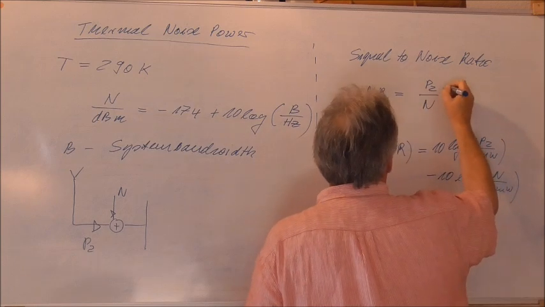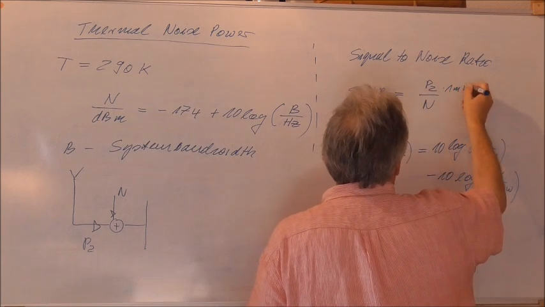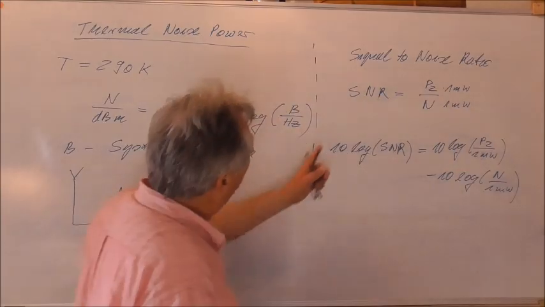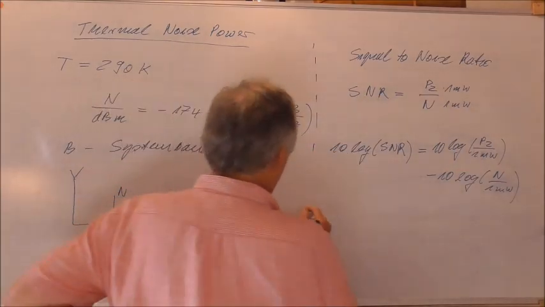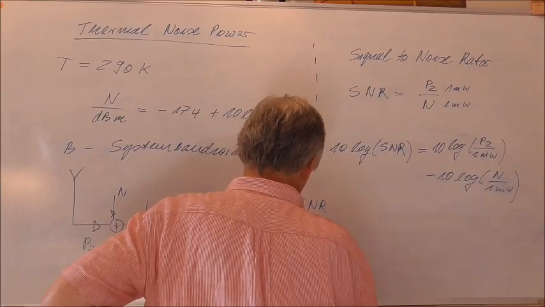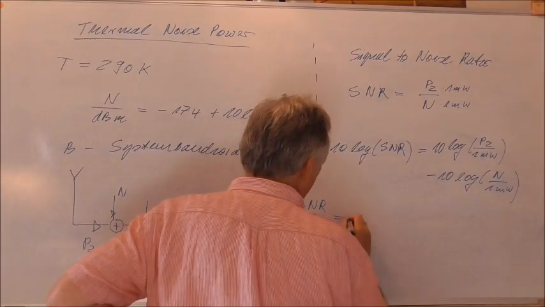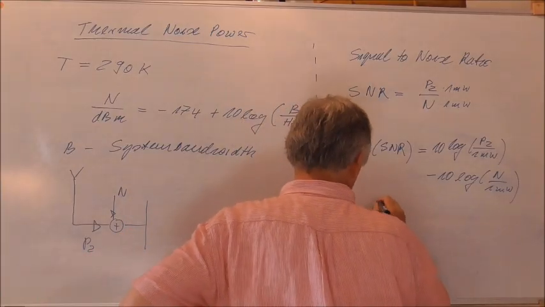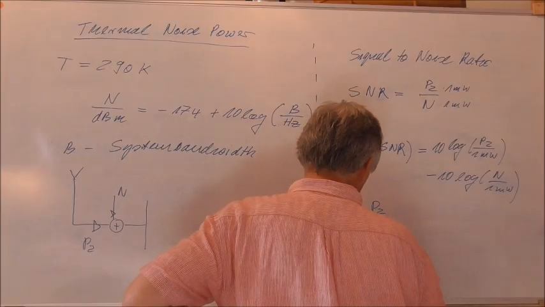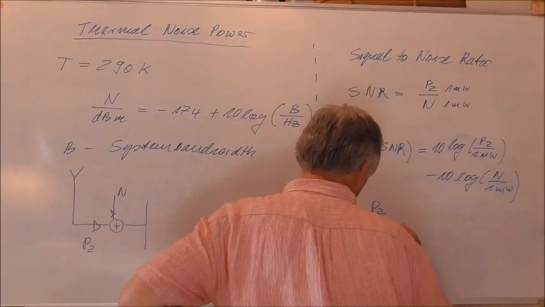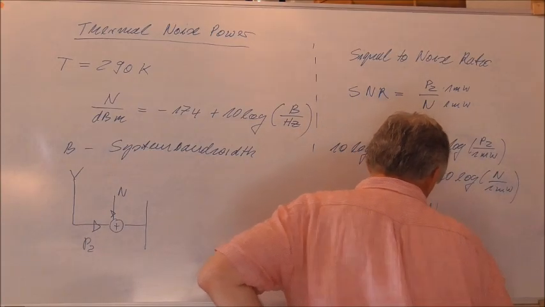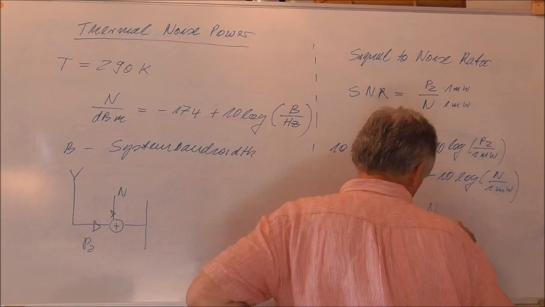This means we multiply here with 1 milliwatt and here with 1 milliwatt before we can take the logarithm, and we get that SNR given in dB is equal to P2 given in dBm minus N also given in dBm.